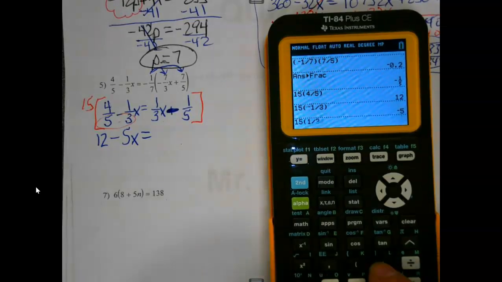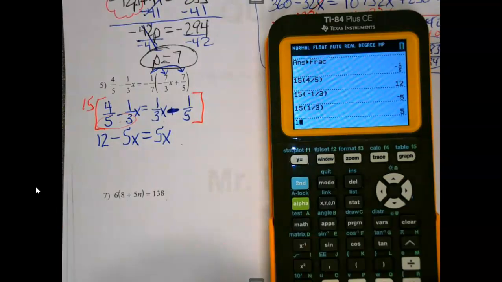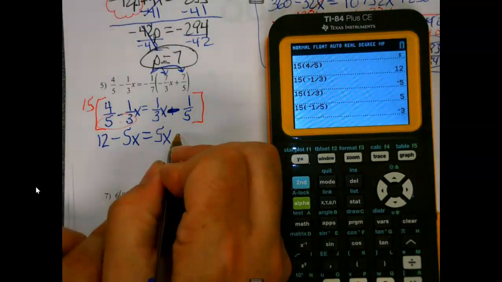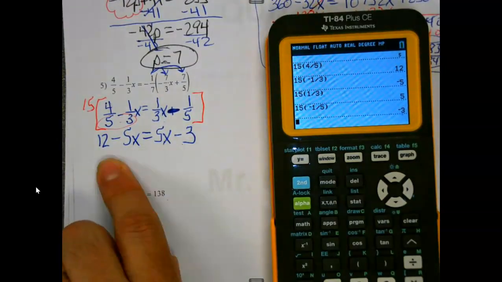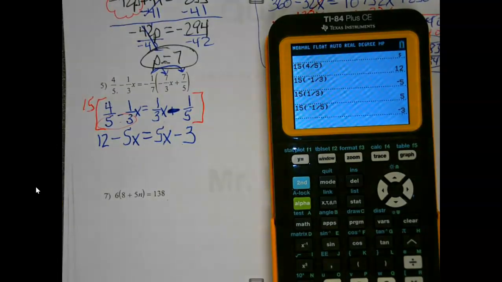We kind of know what that's going to be. Positive 5. And 15 times negative 1/5 is negative 3. That is a whole lot better than that was. And not that rough to fix.